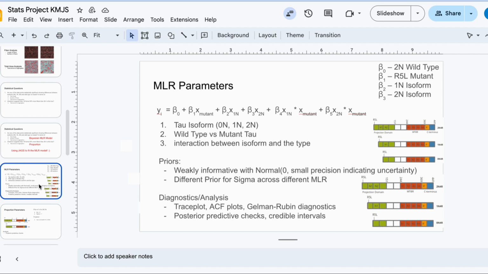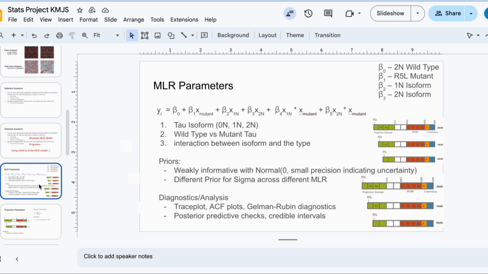For the MLR parameters, we had tau isoforms as 0N, 1N, 2N, where 0N was the reference category, and we had those as nominal categorical variables, while we had wild types and mutants as a binary categorical variable, where mutant was 1 and wild type was 0. Additionally, we added an interaction term between isoforms and types.